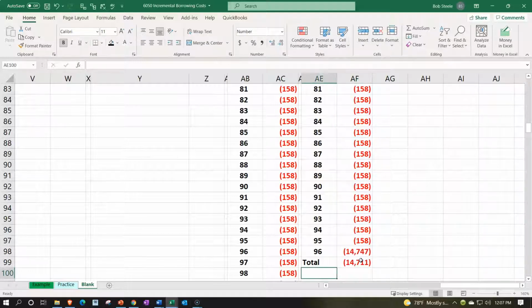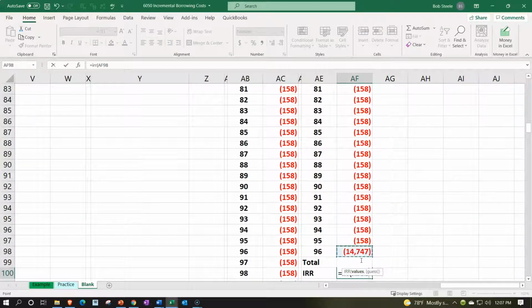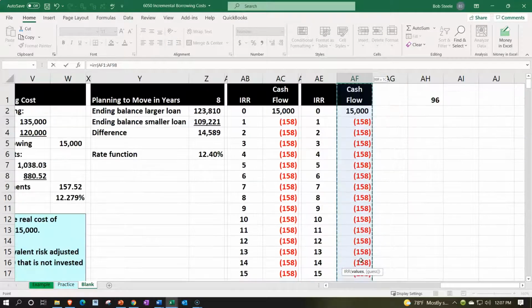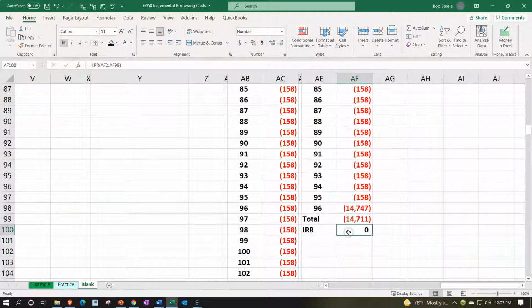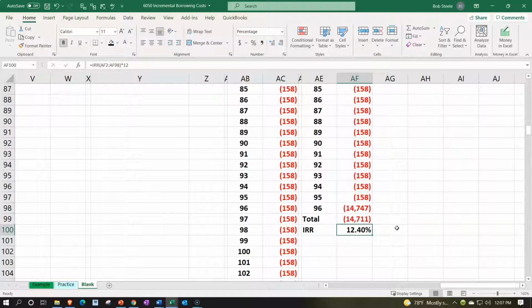Okay, and then we're going to take the IRR, the rate at which this series of payments would be 0 equals the IRR. And then this series of payments. Closing it up. Putting our cursor on the IRR, number group, percent, adding some decimals. That's the monthly rate, double clicking on it, multiplying it times 12 for the yearly amount, 12.4.